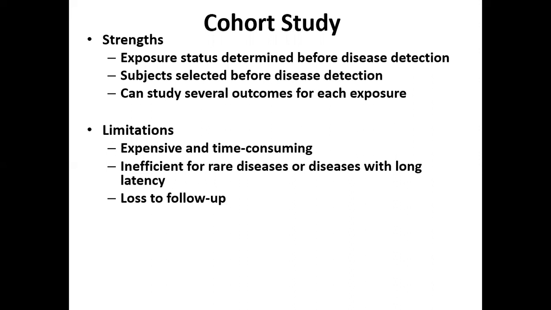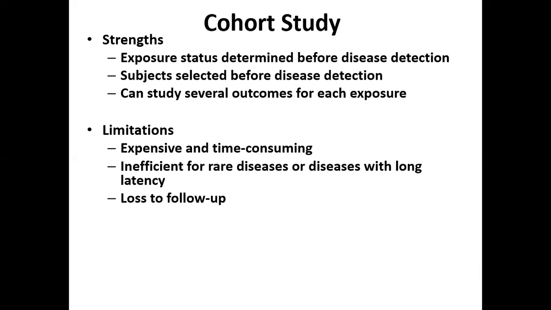And also, this is really great because we can study several outcomes from each exposure. For example, the radiation exposure. The radiation may cause leukemia or other types of cancer, or maybe neurological disorders. There are lots that radiation can be associated with, right? So this is really, really brilliant design, but it has some limitation.